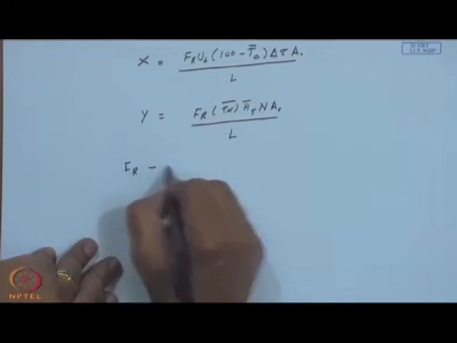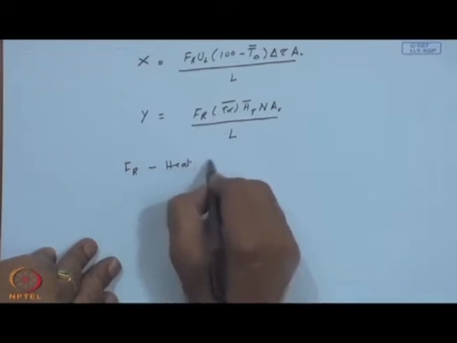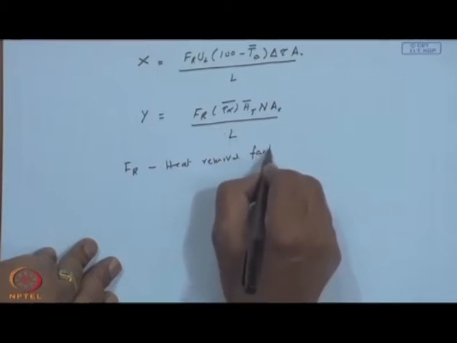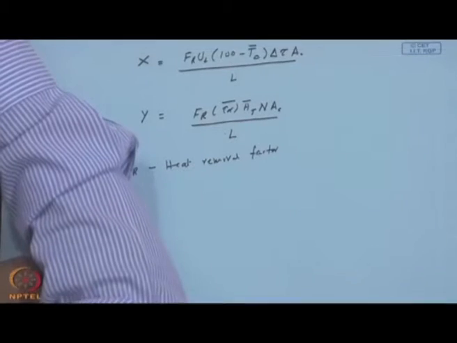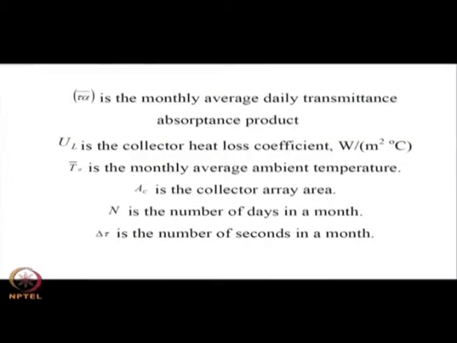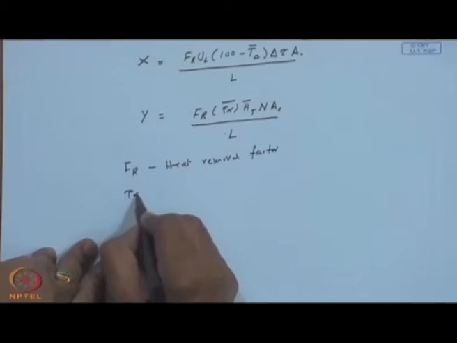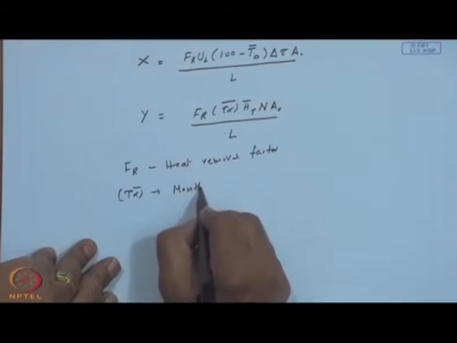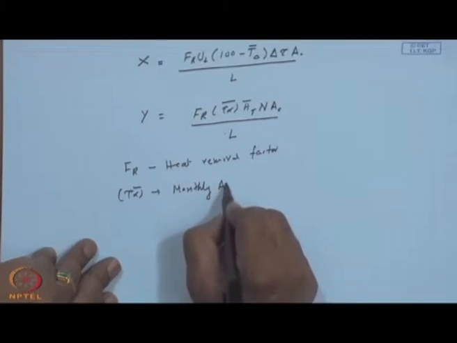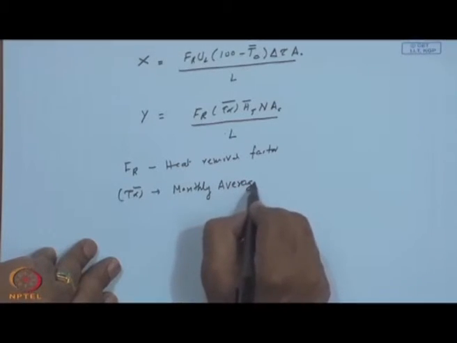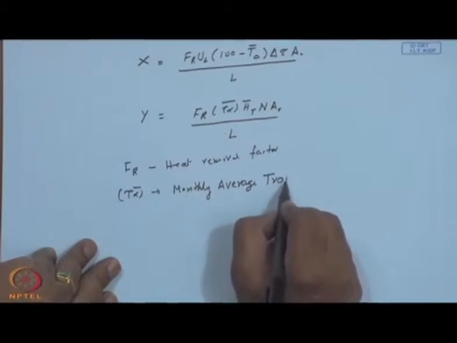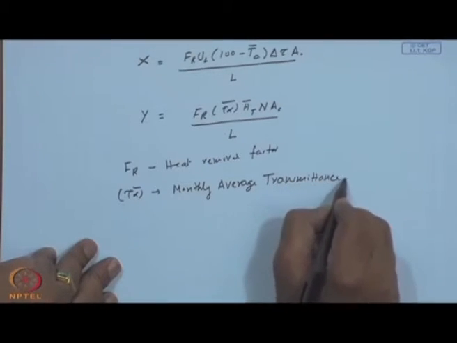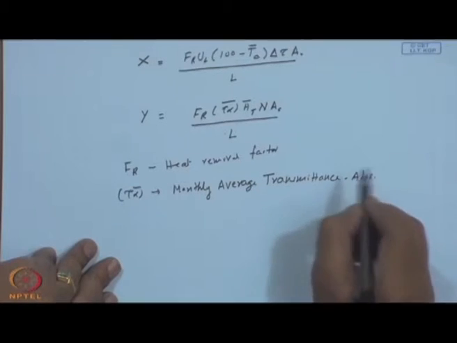is the heat removal factor, and tau alpha bar is the monthly average transmittance absorptance product.